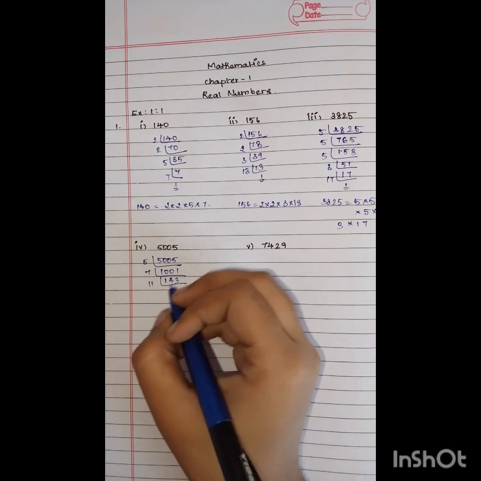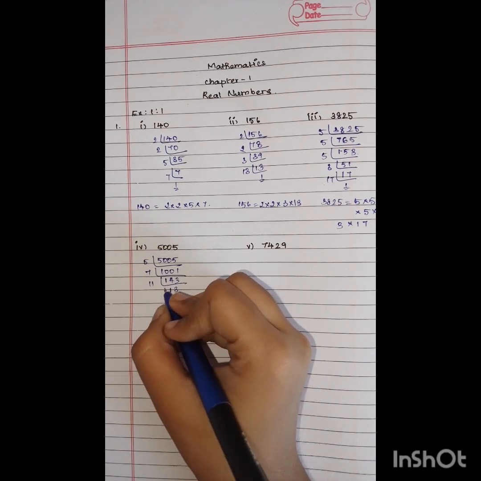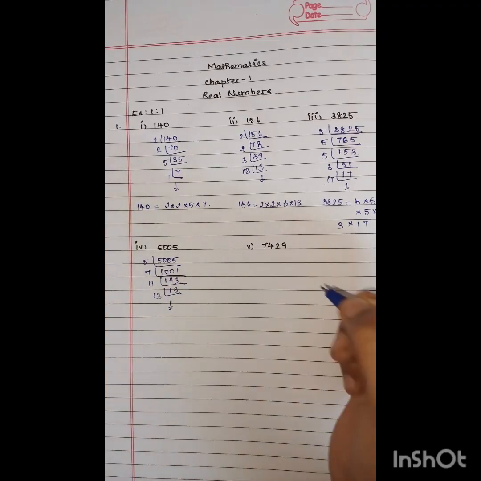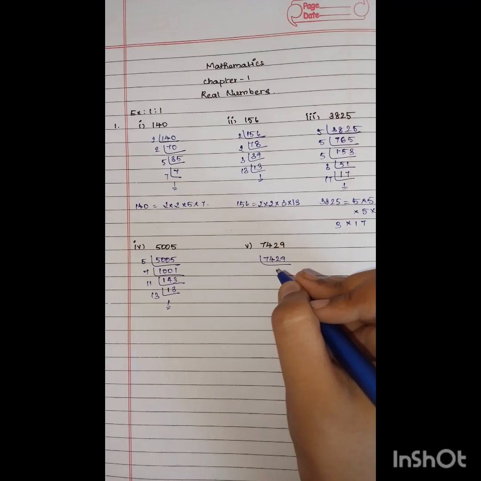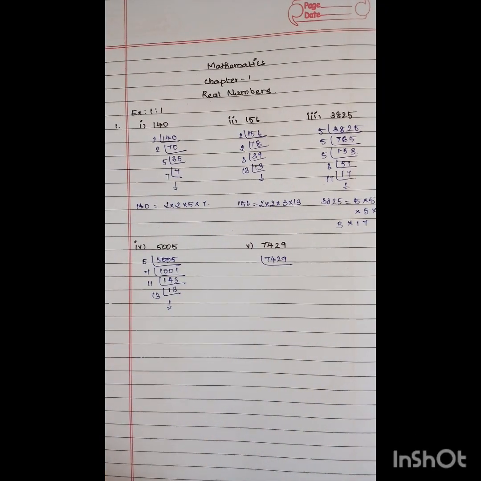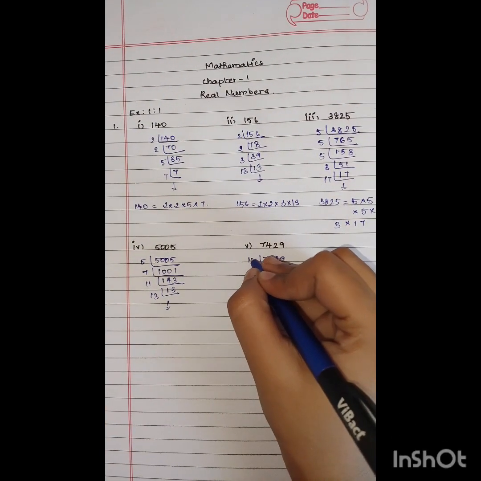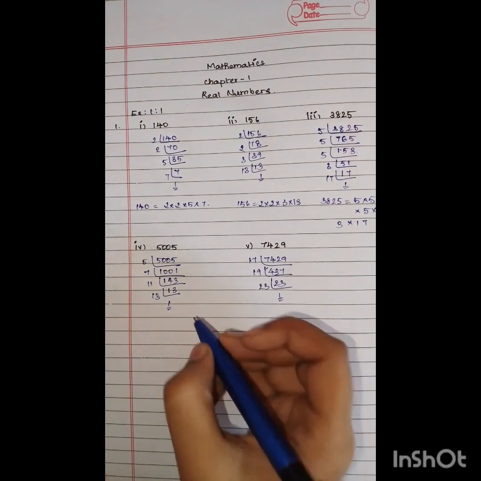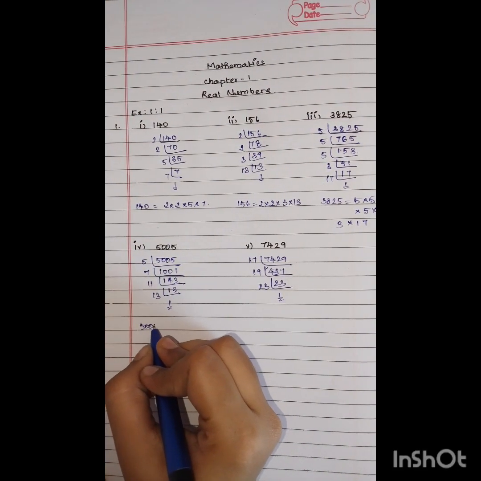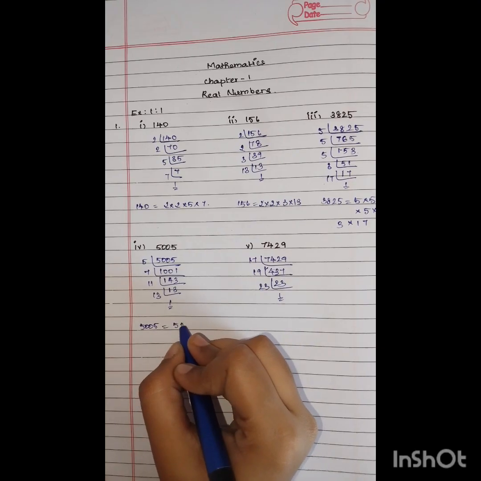So it has factors of 11, 7, 5, 13, etc. For 7429, we have factors in a prime number format. So the factors are 17, 19 and 23.